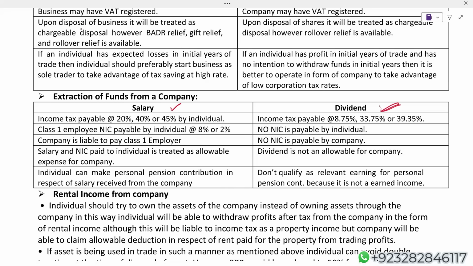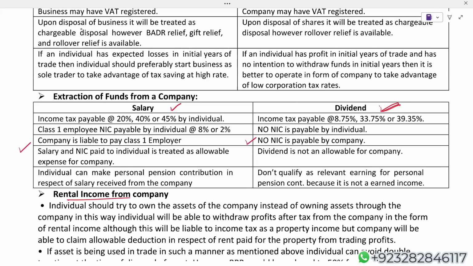Normally it happens when I'm a shareholder of a closed company and I'm working as well. Then I'll be thinking, should I get the money from this company in the form of salary, bonus, or should I go for dividend? So you need to know the consequences, just read it once.